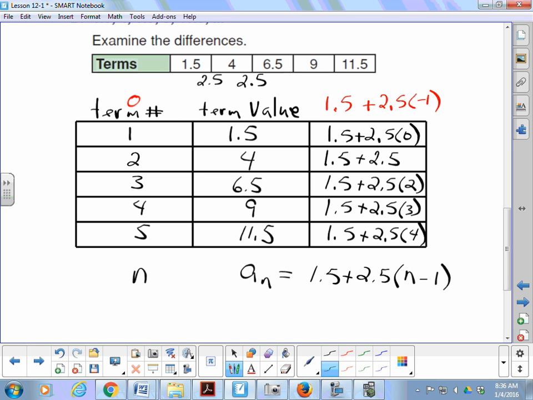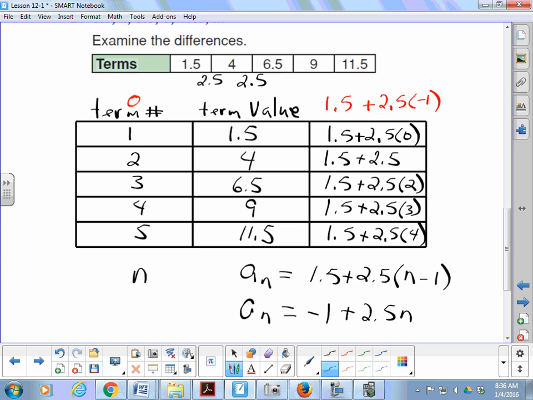All right, well, basically all we're doing then is subtracting 2.5. So what's 1.5 minus 2.5? Negative 1. So another way I could write it is a sub n equals, oops, excuse me, not 1.5, negative 1 plus 2.5 times n.